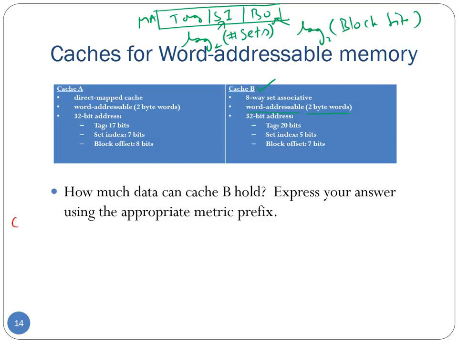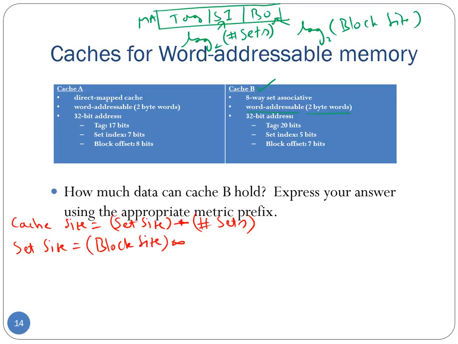So once again, cache size is basically set size multiplied by number of sets in the cache. Okay, so set size, as we have seen, is basically block size or line size multiplied by number of lines or number of blocks per set.